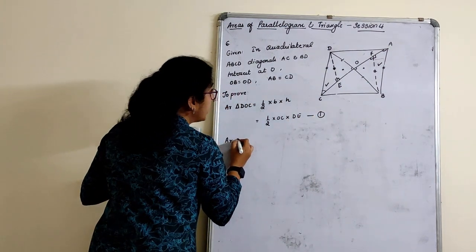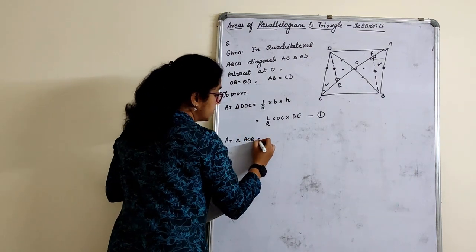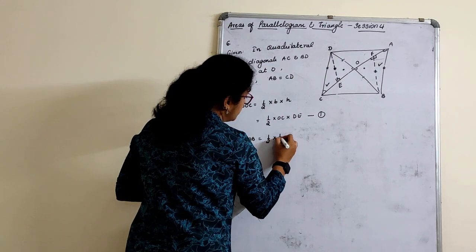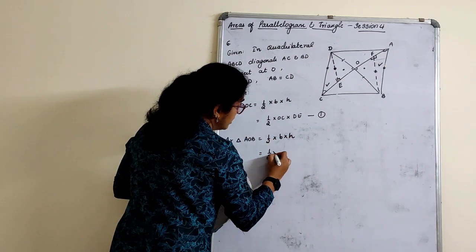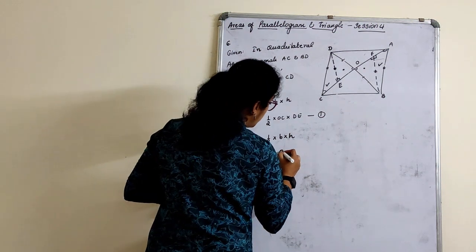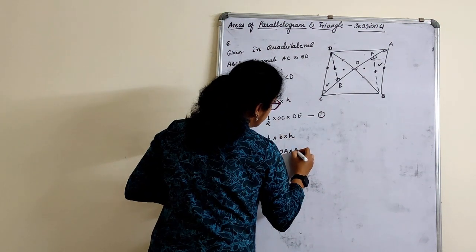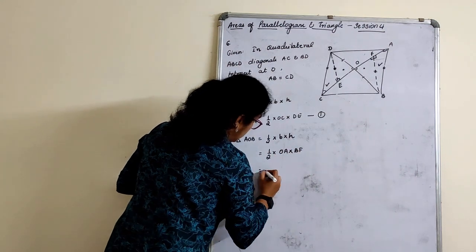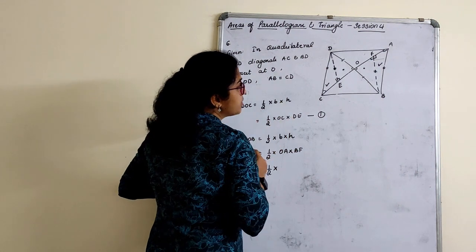Next, area of triangle, what we have to find? AOB is equal to half into base into height. Half. What is base here? OA. What is height here? BF. I will write here half instead of OA, because OA is equal to OC.